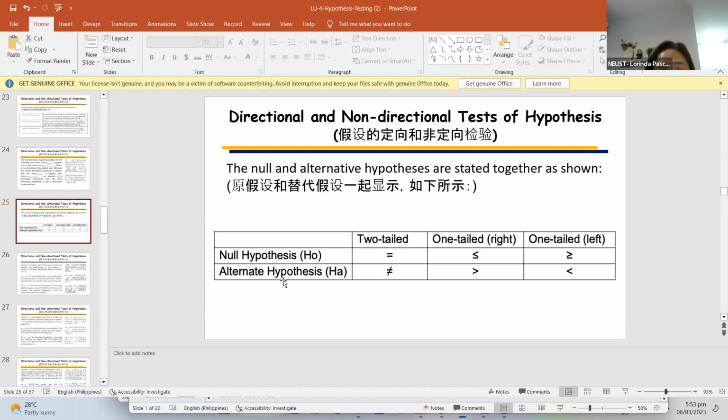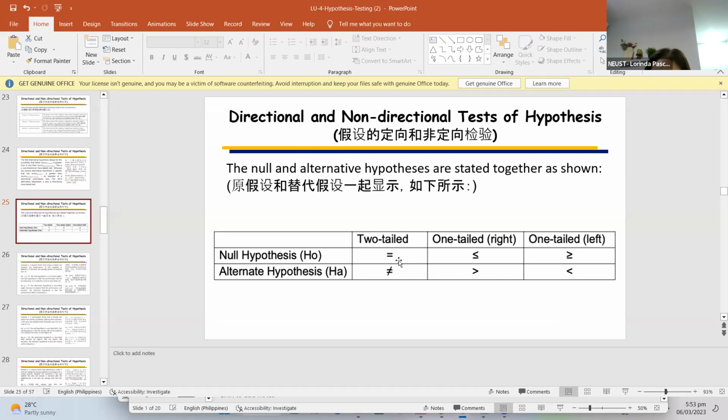For the alternative hypothesis, if this is the null hypothesis, then the alternative would be not equal. If this is the null hypothesis for one-tailed right, so ang kabaliktaran niya, if this is less than or equal, kabaliktaran is greater than. For one-tailed left, if the null hypothesis is greater than or equal, then the alternative hypothesis will be less than. So yan, this is the summary when stating the null and the alternative hypothesis.